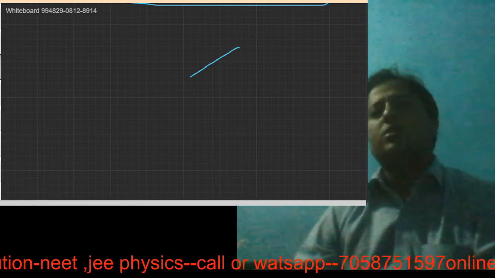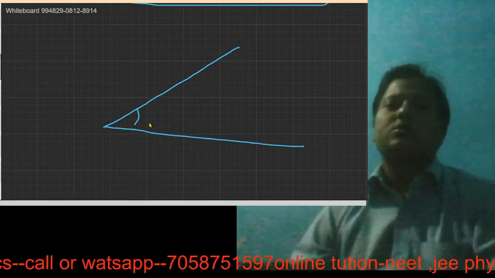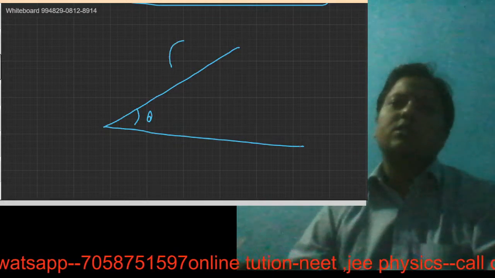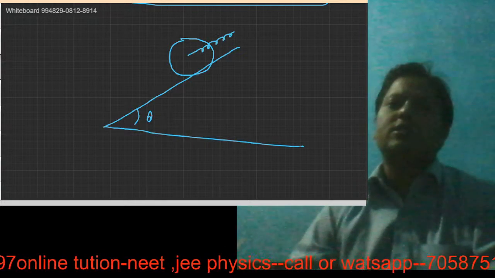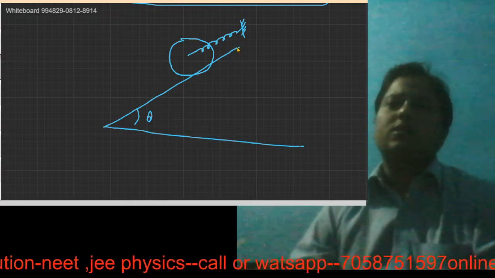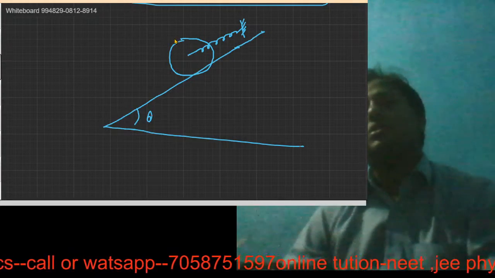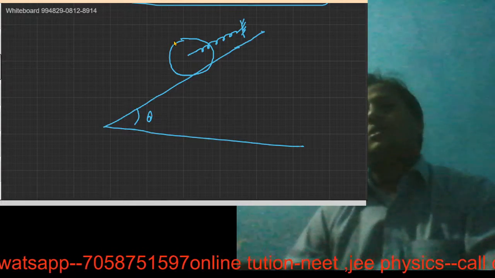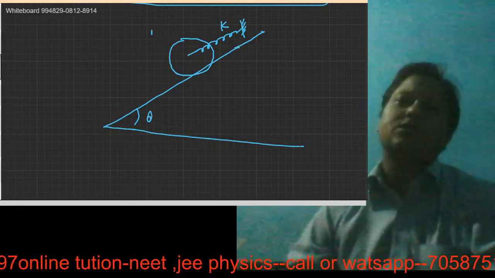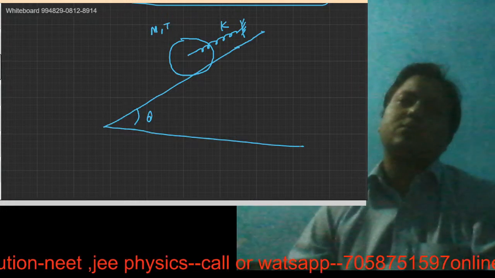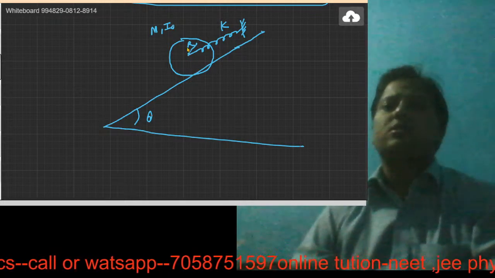Suppose in an example, the body is on an inclined plane and a spring is connected like this, and the body is in pure rolling during SHM. So what will be the time period in this case? The mass of the body is m, the center of mass moment of inertia is I naught, the radius is r.